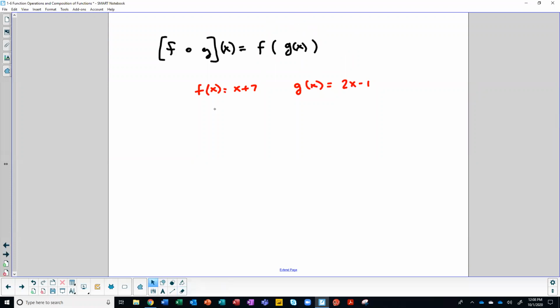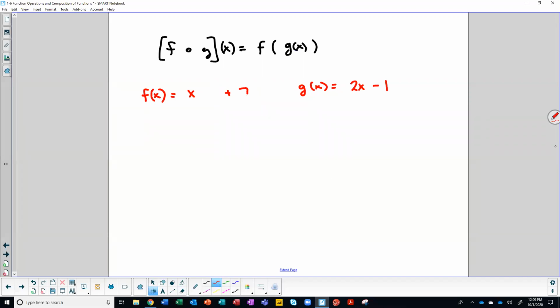So on this problem, I'm going to remove f's x value, if you will, and I'm going to replace it with g's equation. So I'm going to get some space here. I'm going to rewrite this one more time with a little bit more space. So f's equation by itself, I wrote as x, and I'm going to leave some space, plus 7. G's equation is 2x minus 1.